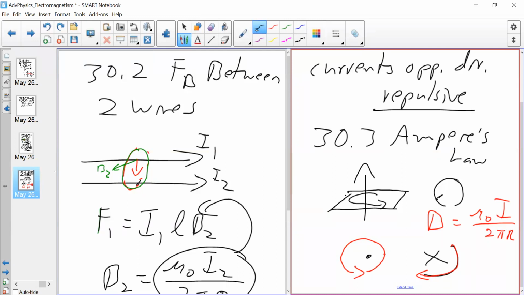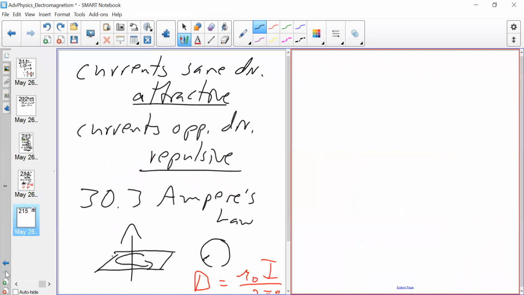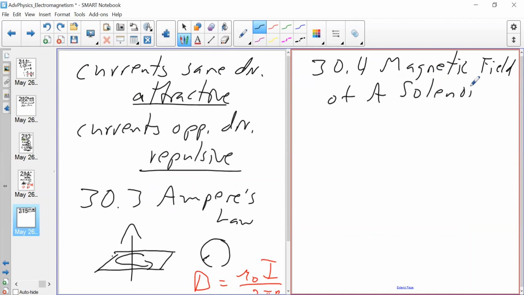Magnetic field of the solenoid. So a solenoid is, if you've ever seen in my class, these little cylindrical devices that have wires around them.